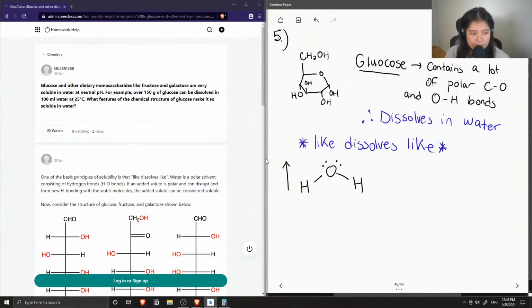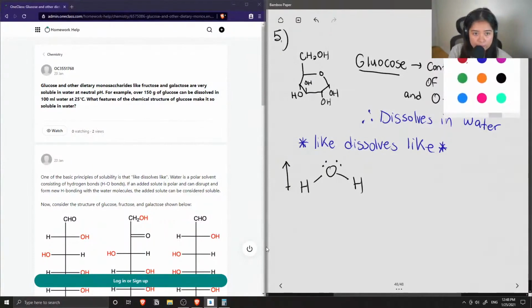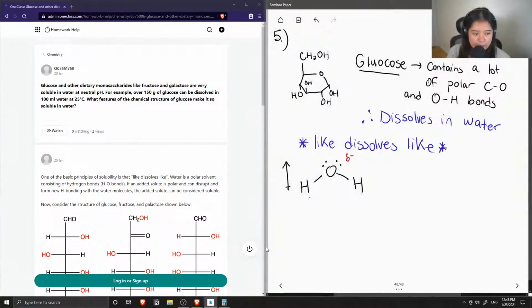So there's going to be an overall dipole moment going towards the direction of the oxygen, and this leaves the water molecule having a partially negative side and partially positive sides. So this is what makes water polar. And since glucose also contains a lot of these polar bonds, therefore it can dissolve in water.